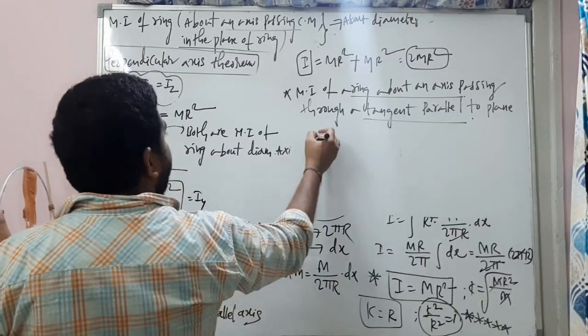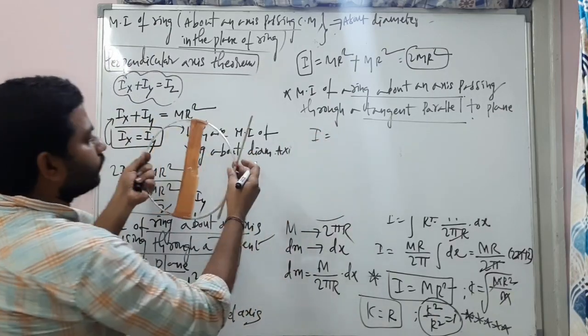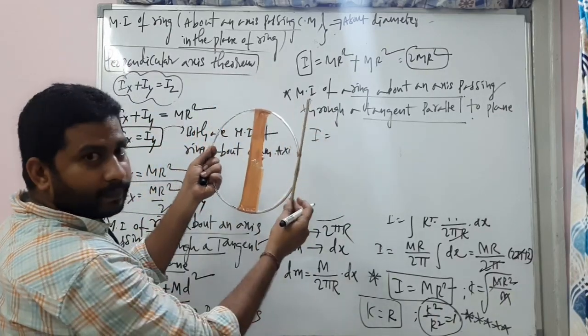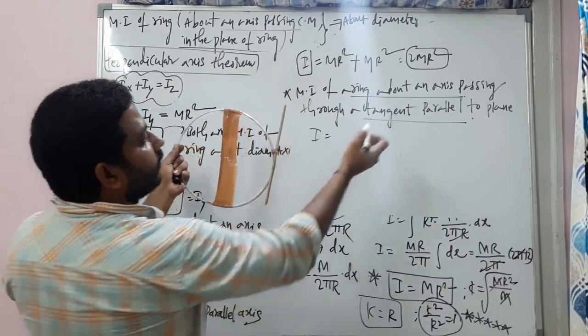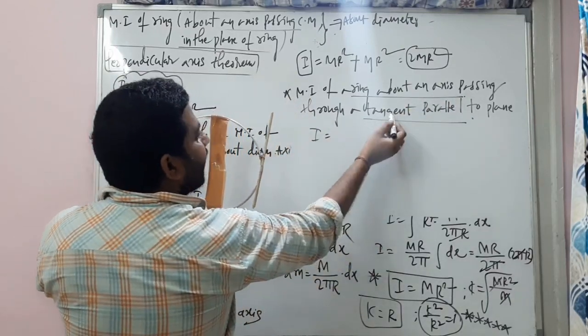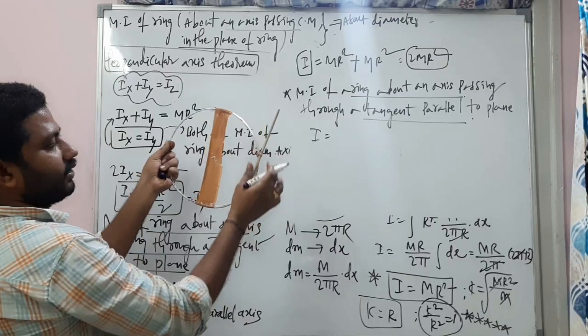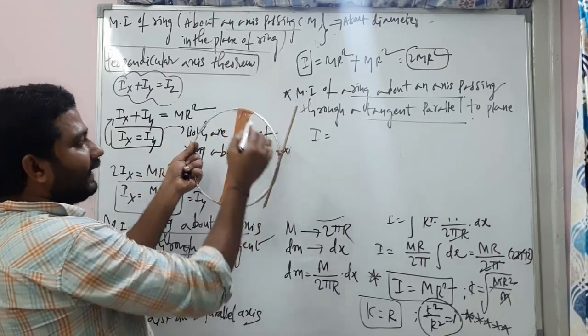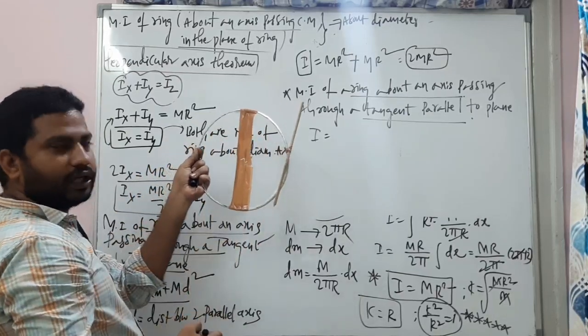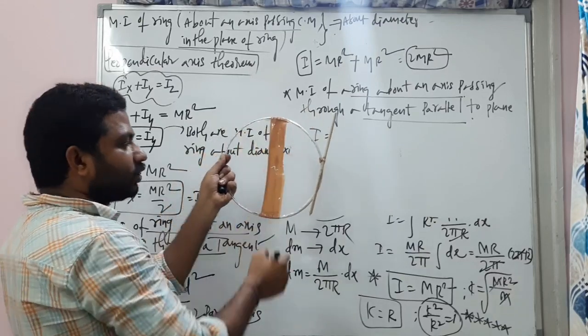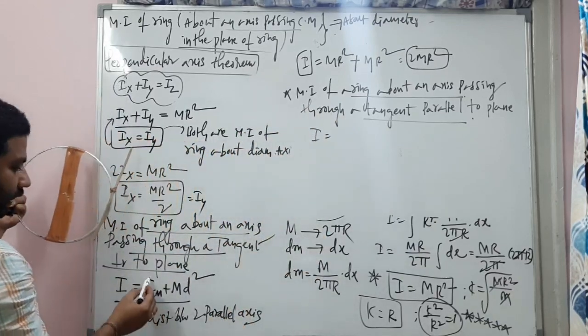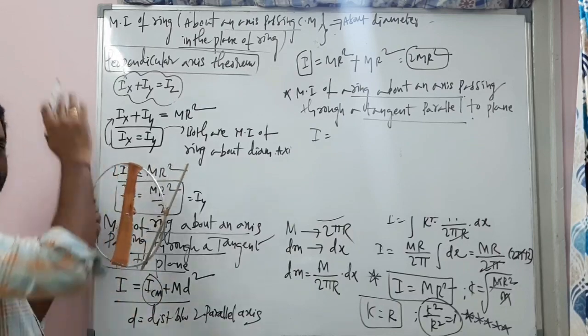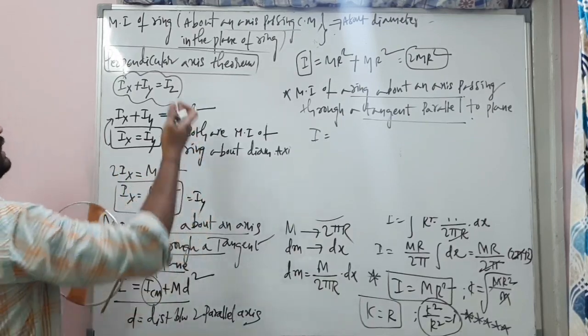We need this, right? This is we need, about an axis passing through a tangent parallel to the plane. Yes, ಇದು ಬೇಕು ನಮಗೆ. ಇದು ಆಲ್ರೆಡಿ ಬಂತು, ಏನು moment of inertia passing through center of mass. Okay, passing through center of mass only in the plane ತಾನೆ, ಅದೇ diameter.